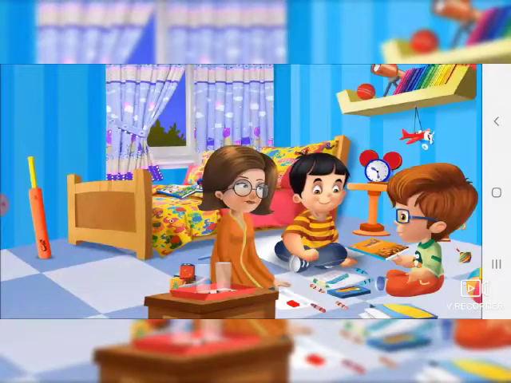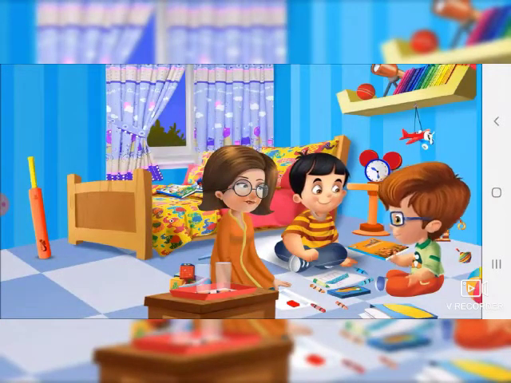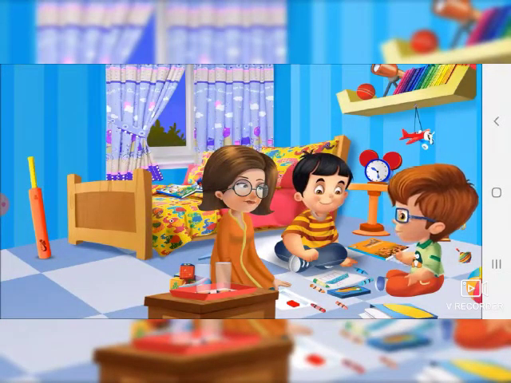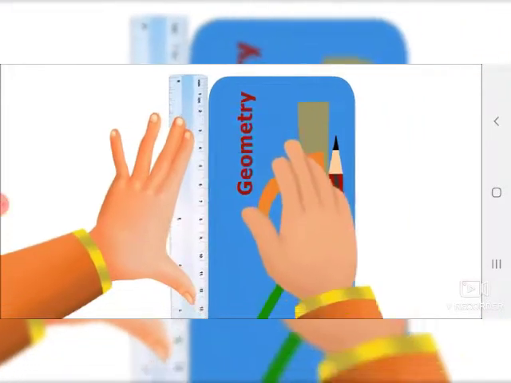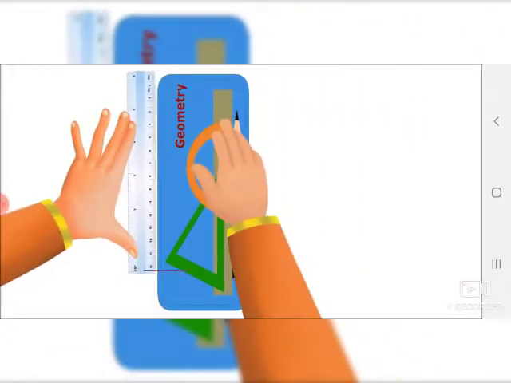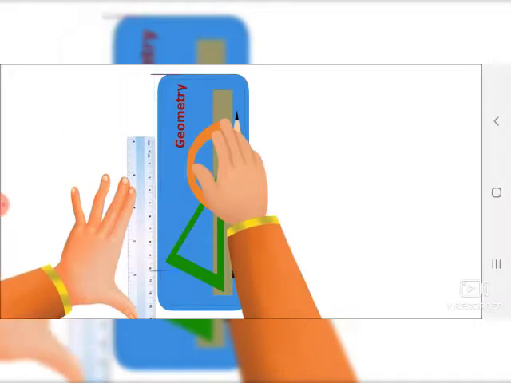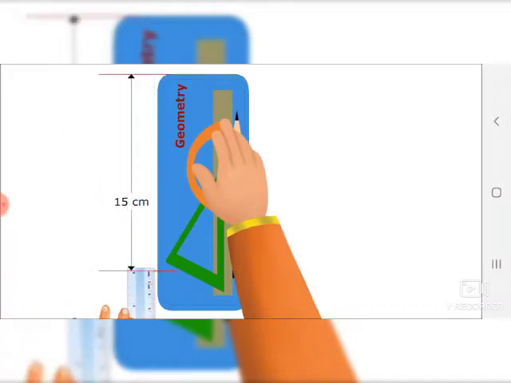Mother Ria asks, "Now can you both tell me the length of this geometry box?" Both Neil and Sid reply, "No." Then Mother Ria replies, "Since it is more than 15 centimeters, we can measure it in parts. The length of this geometry box from this point to this point is 15 centimeters and from this point to this is 3 centimeters.